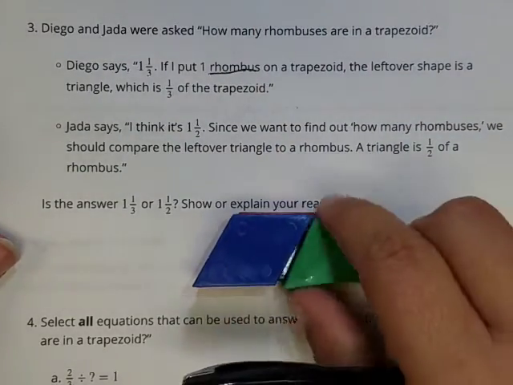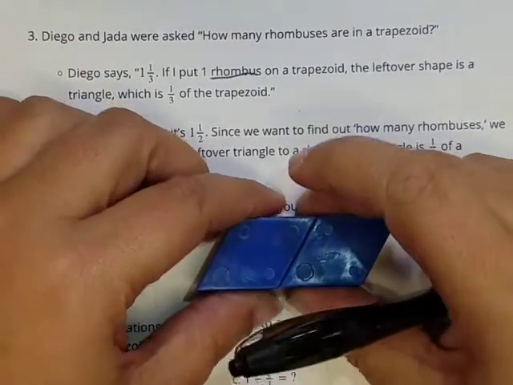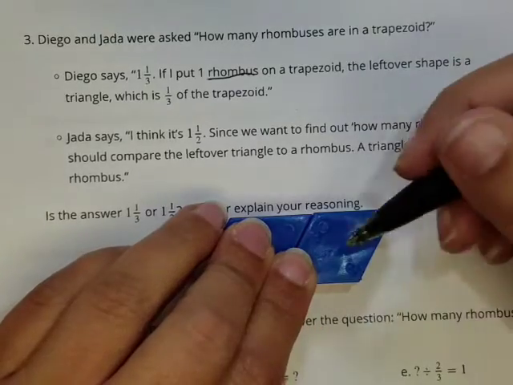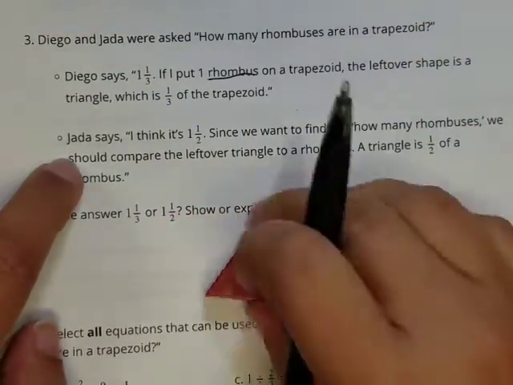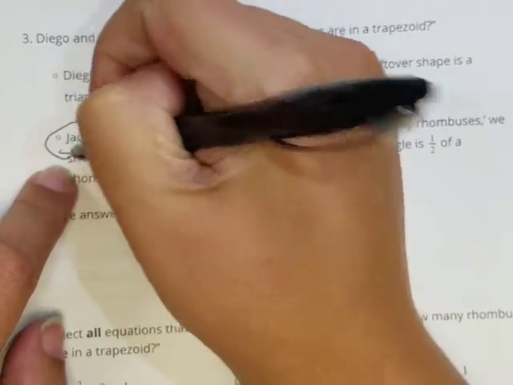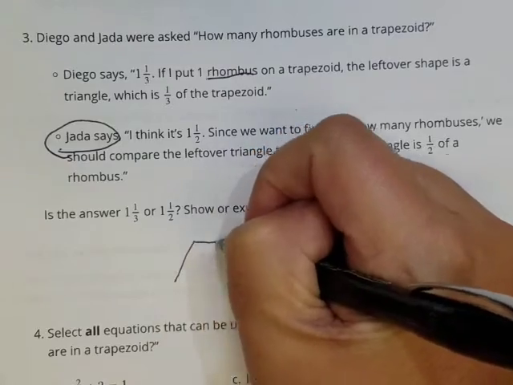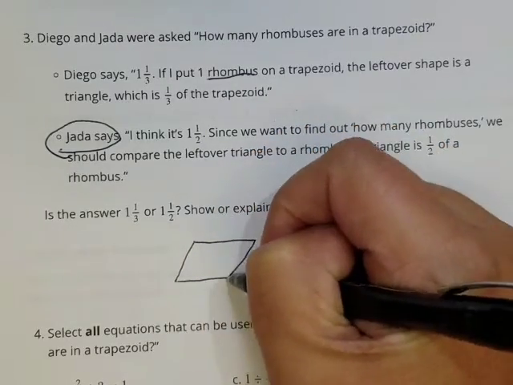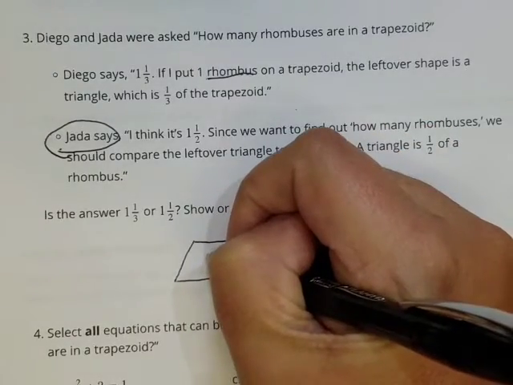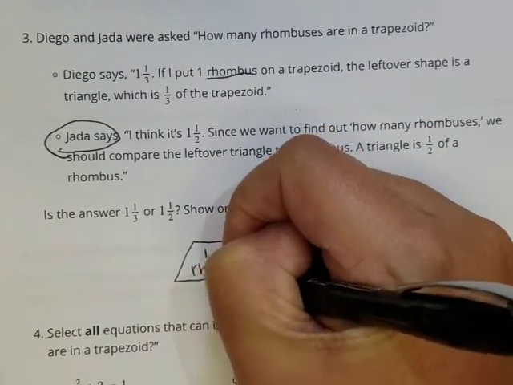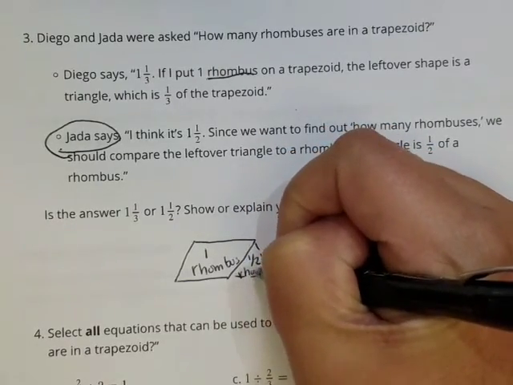So here's 1 whole. And if I put this on here, it cuts it right here. And so that would be half of that rhombus. So Jada is the correct one because it's a full rhombus plus half of a rhombus. So here's 1 rhombus and here's half of the rhombus.